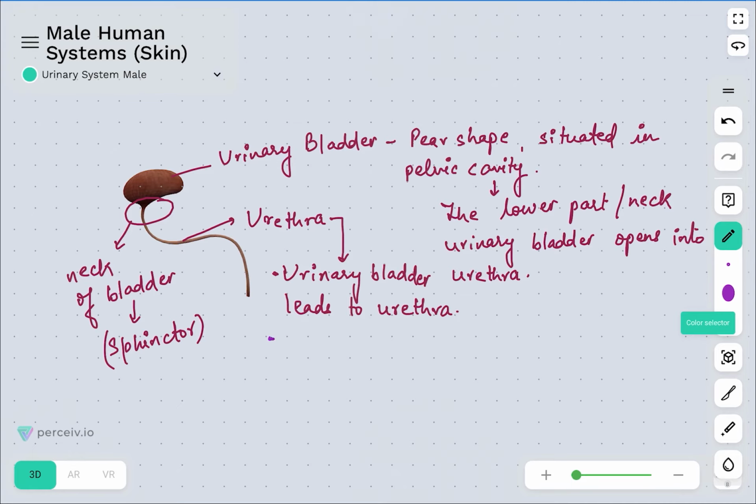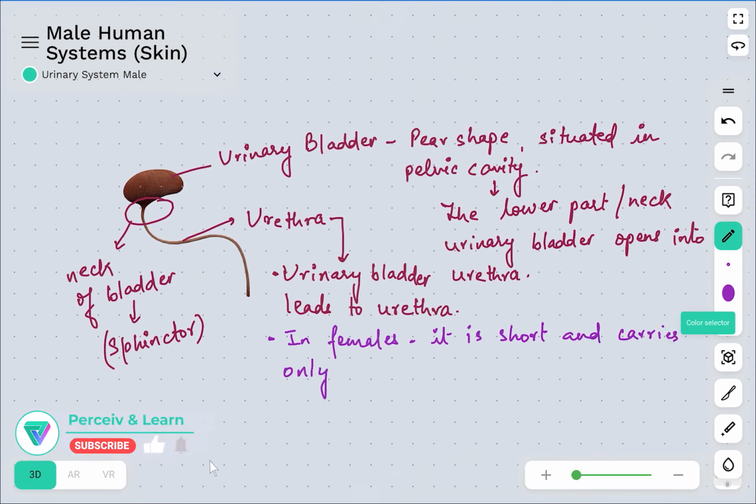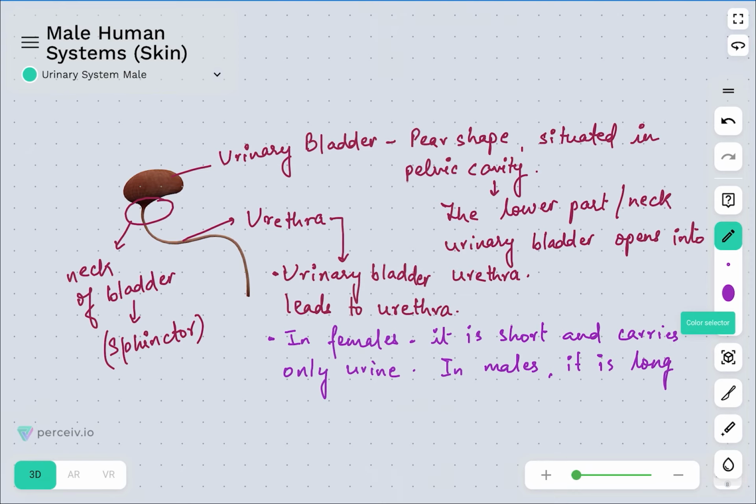And this is the only difference in the human urinary system between males and females. In females it only carries urine, while in males it is long, and since it is long, it carries both urine and spermatic fluid.